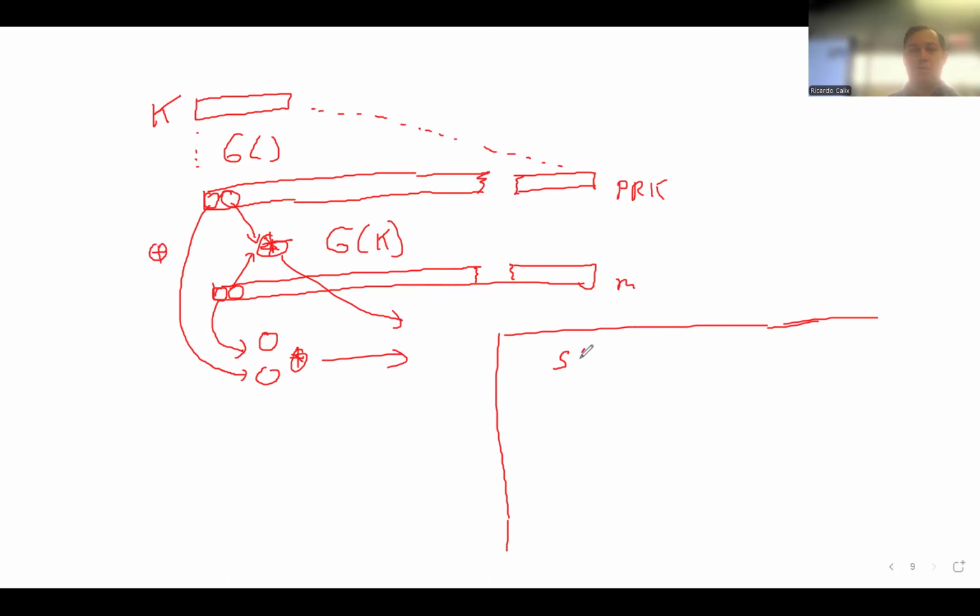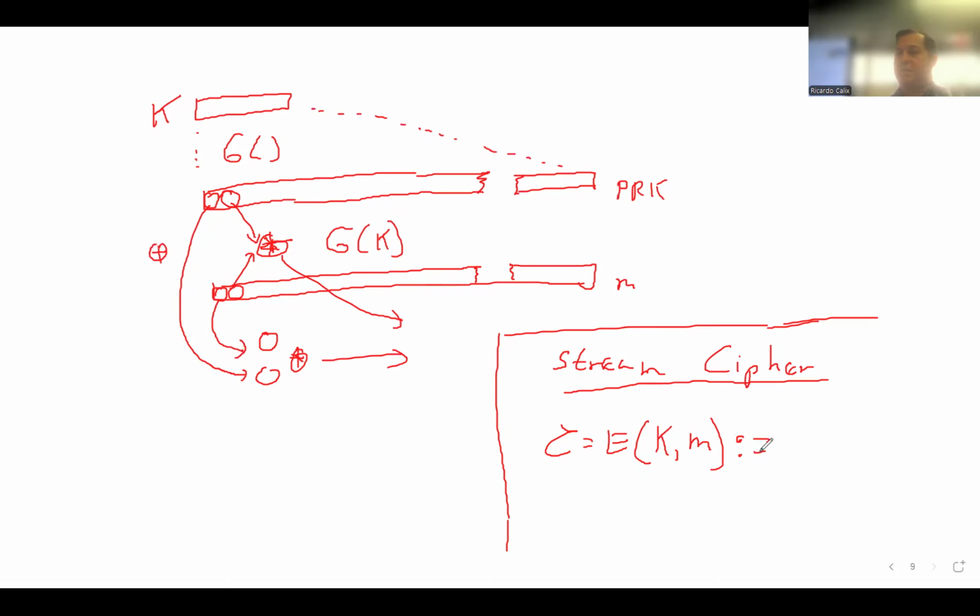The stream cipher can be defined formally as C, which is the encryption of K and M, where the equals just means defined as. It's defined as M XOR the pseudo-random function with the key.